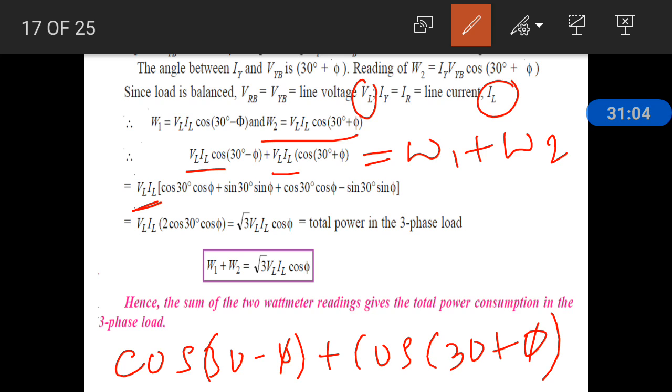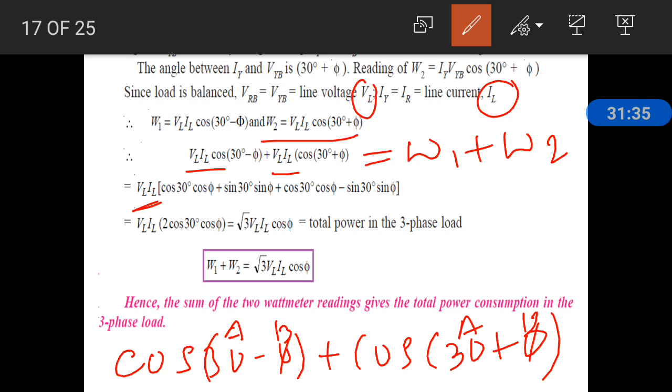Here cos 30 minus 5 means cos A minus B. We know the mathematical formula: cos A minus B is cos A cos B plus sin A sin B, and cos A plus B is cos A cos B minus sin A sin B. Here A means 30, B means 5.